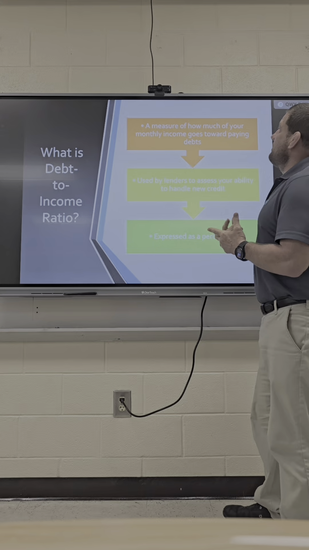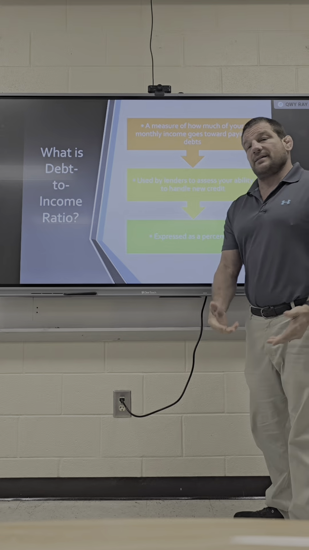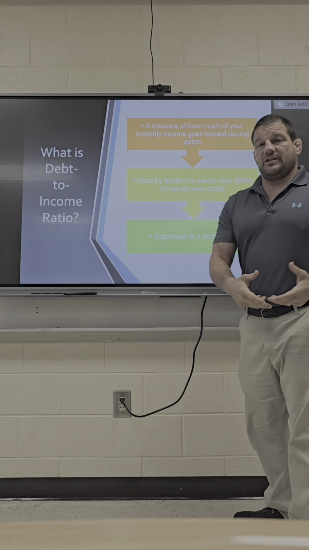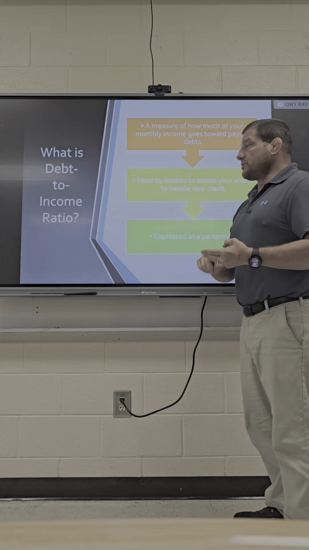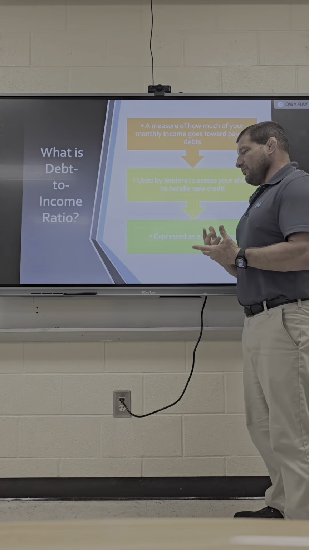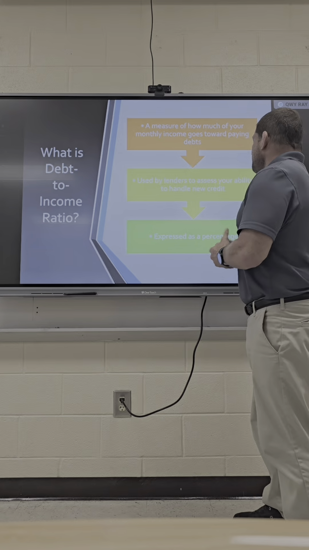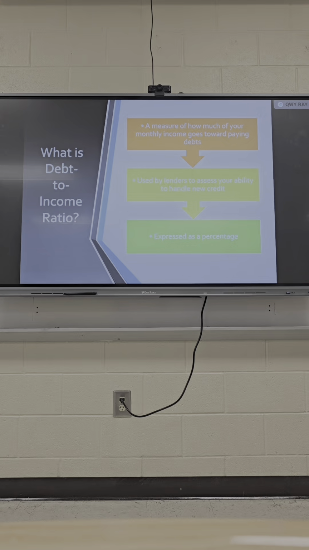It measures how much of your monthly income goes towards paying your debts. So when you bring home a paycheck, how much of that is going to paying bills, loans, and so forth. It's used by lenders to assess your ability to handle new credit, and expressed as a percentage.